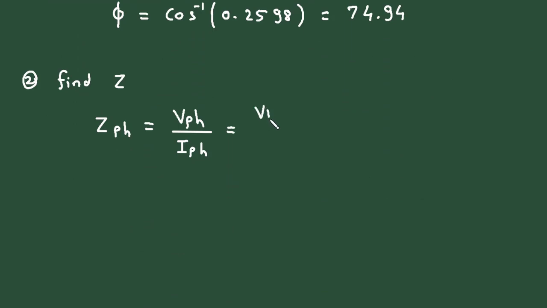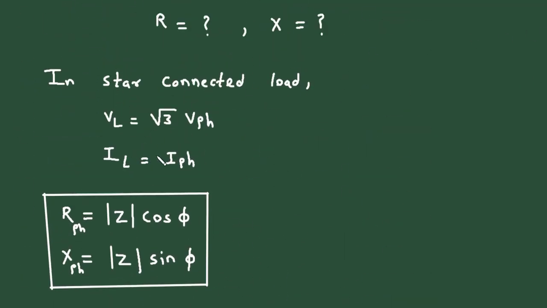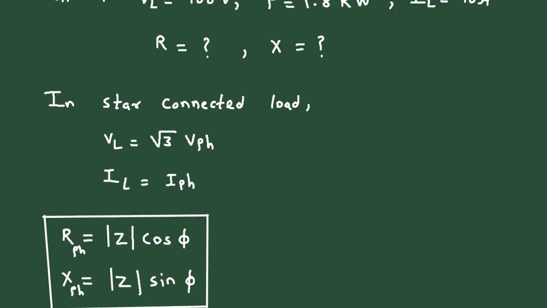So we can write VL divided by root 3 divided by IPH. In star connection IL is equal to IPH, so we can replace phase current by line current.